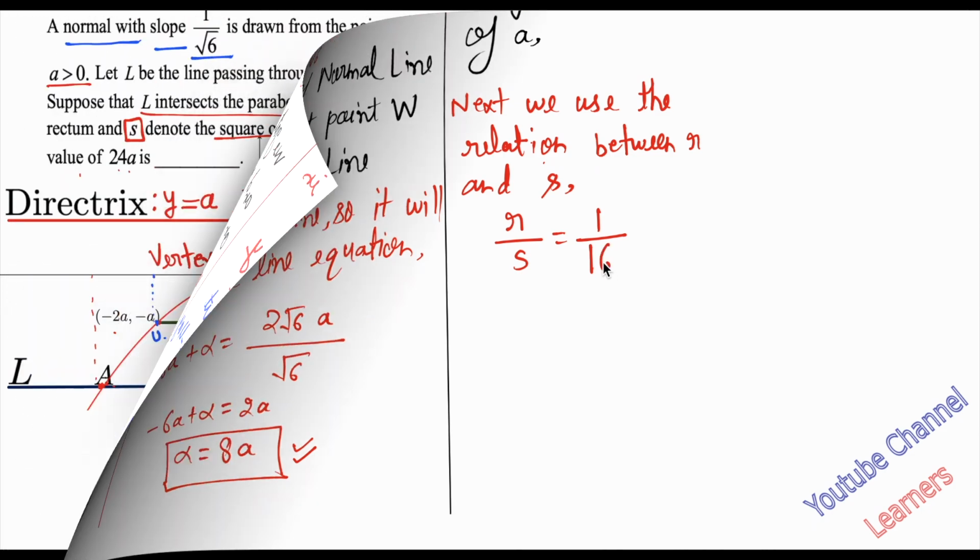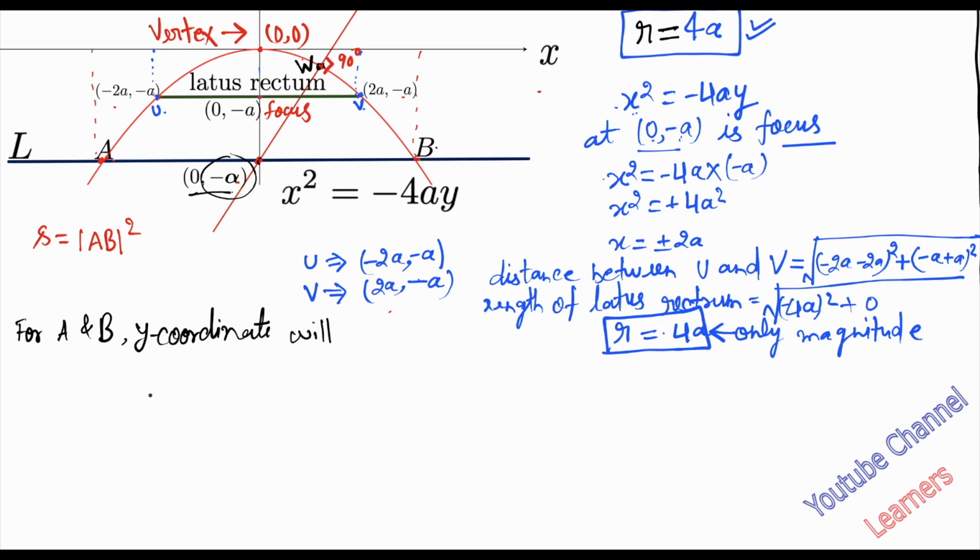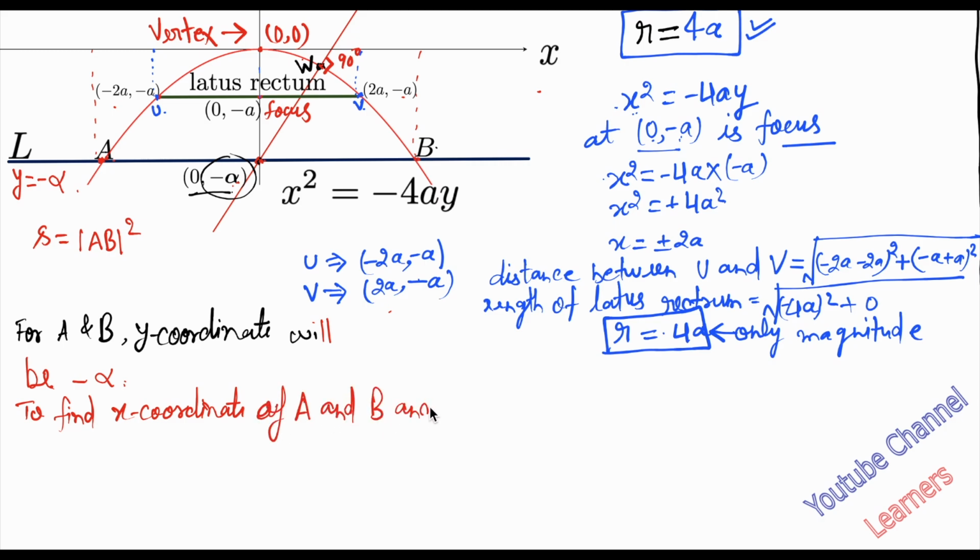Next we are going to use the relation R is to S, which is 1 is to 16, but for that we need the length of line segment AB, and we are going to calculate it. For A and B, the y coordinate will be minus alpha, as seen in the figure.